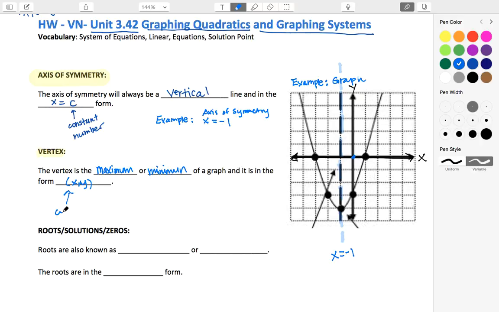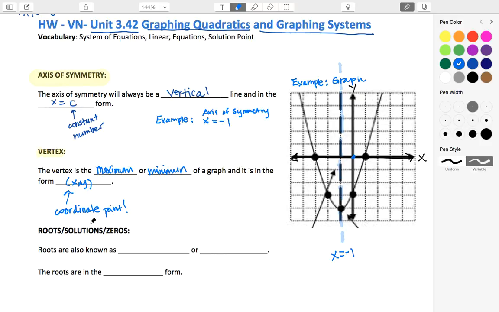This is how we would like for you to write your vertex. It should always be as a coordinate point.